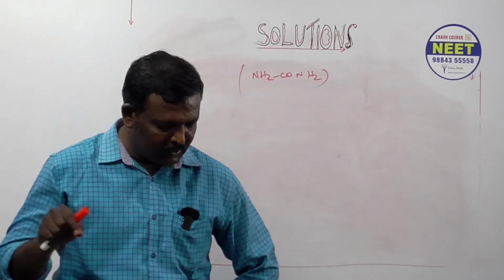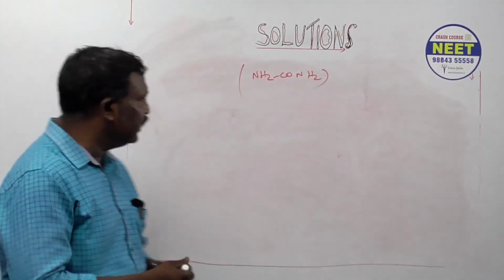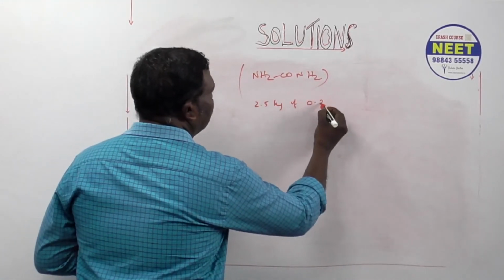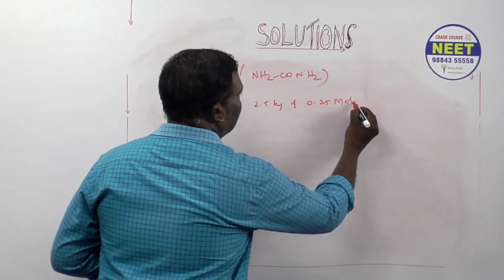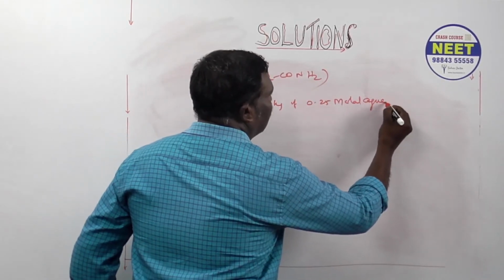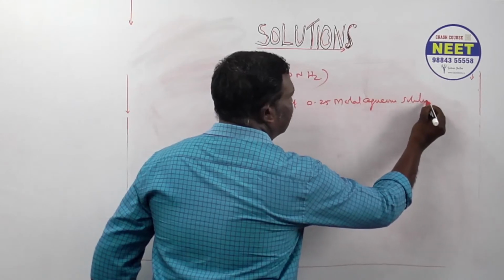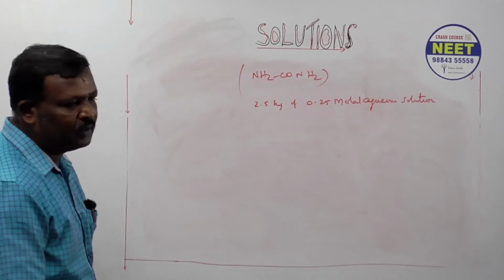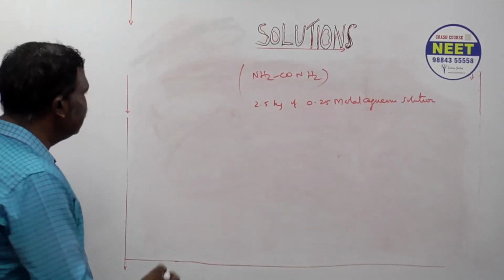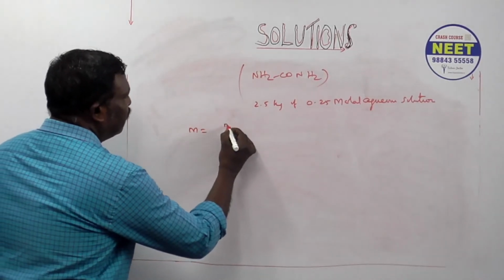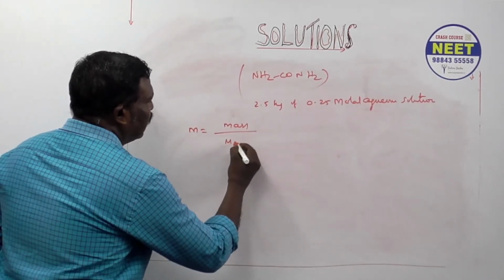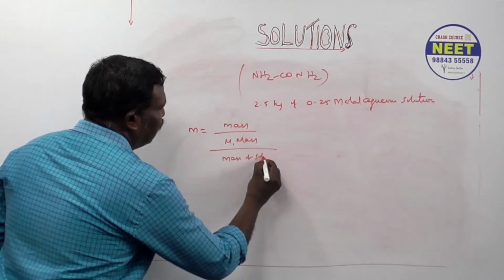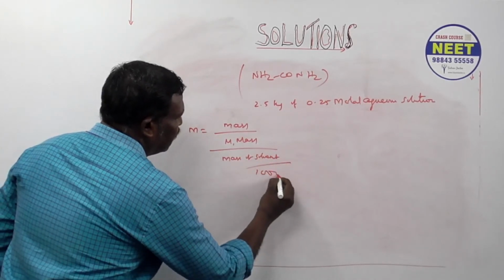Same as the previous sum, here also we have to find out the mass. So what's the formula for molality? Mass by molar mass by mass of the solvent in kilogram.